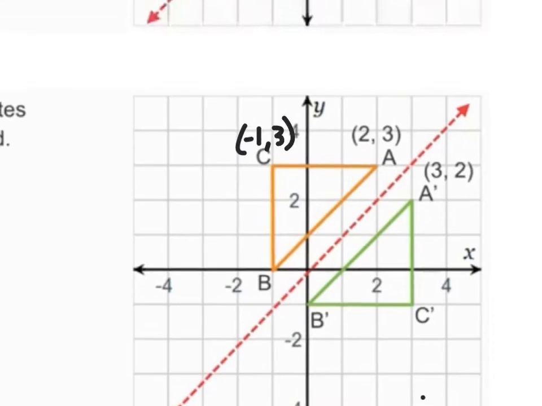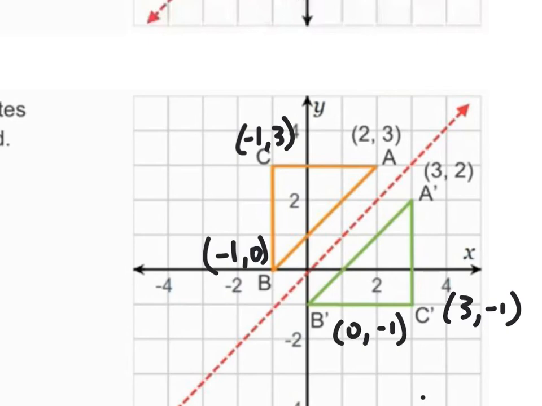Okay, and B is the point -1, 0. Now, let's label the points on the image. Okay, C prime is the point 3, -1. So 3, -1. B prime is the point 0, -1. And that's that.